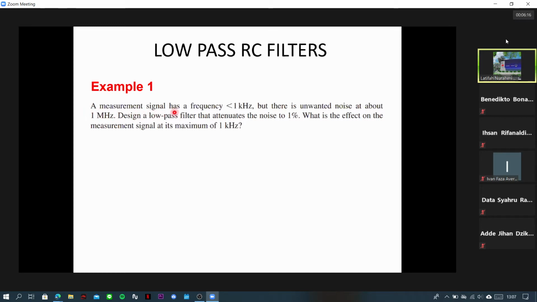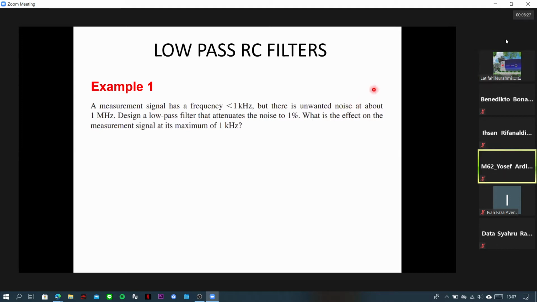A measurement signal has a frequency lower than 1 kilohertz, but there is an unwanted noise at about 1 megahertz. Design a low-pass filter that attenuates the noise to 1%. What is the effect on the measurement signal at its maximum of 1 kilohertz?